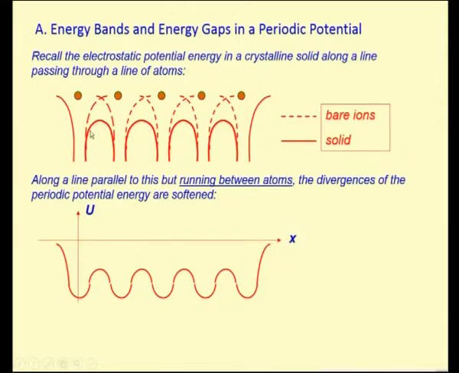This is again another schematic diagram of how the energy bands are obtained as a result of potential overlapping. This gives rise to the potential overlapping and decrease of internuclear potential barrier, and this gives the schematic representation of potential variation along the line of atoms, and this gives the schematic representation of potential energy variation in between atoms.